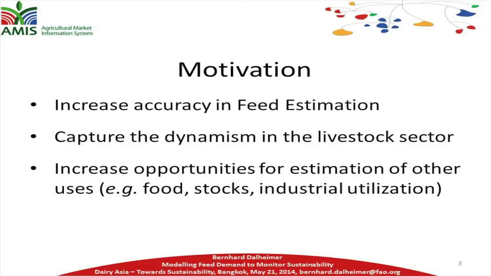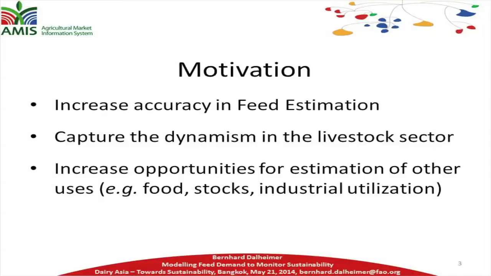So we want to capture the dynamism in the livestock sector, increasing production. We have heard of the livestock revolution, diseases. The livestock sector is very dynamic, and we actually want to capture this. At this moment, most of the feed estimation and most of the feed numbers usually come from balancing approaches where the utilization accounts are being balanced, and the feed numbers usually carry the error of all the other elements that have been estimated.